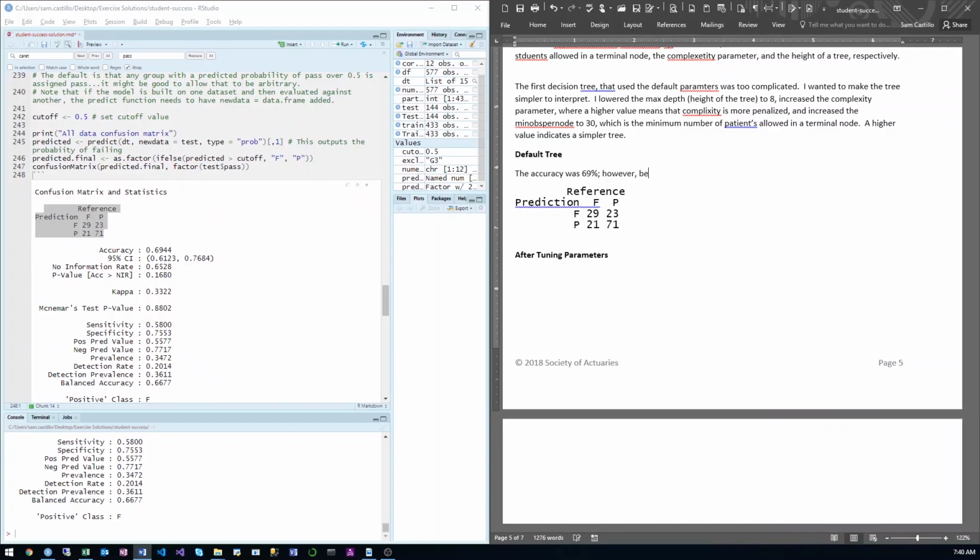However, because we have imbalanced data, accuracy is an unreliable metric.